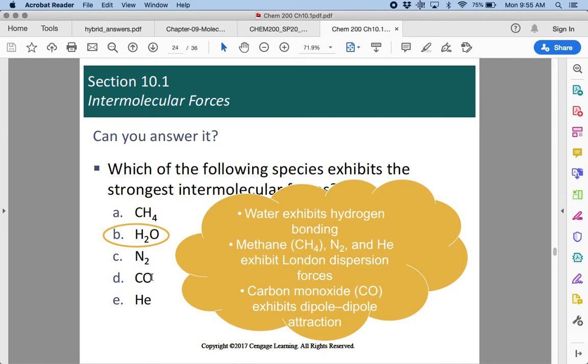So now we're dealing with carbon monoxide and water. Carbon monoxide only has London dispersion and dipole-dipole. Because we know what the Lewis structure of the water molecule looks like, we know that the hydrogens are bound to the oxygen, which would give it London dispersion forces, dipole-dipole interactions, and hydrogen bonding interactions.